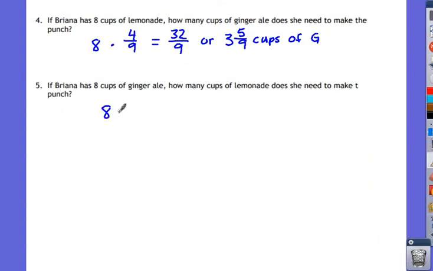So I'm going to do 8 times 9/4 this time. 8 times 9 gives me a whopping 72. 72 cannot divide by 4 evenly. So I have to fix. Oh, yes it can. 4 times what gives me 72? And actually gives me 18 cups of lemonade. So if she had 8 cups of ginger ale, she would need 18 cups of lemonade to make that recipe.